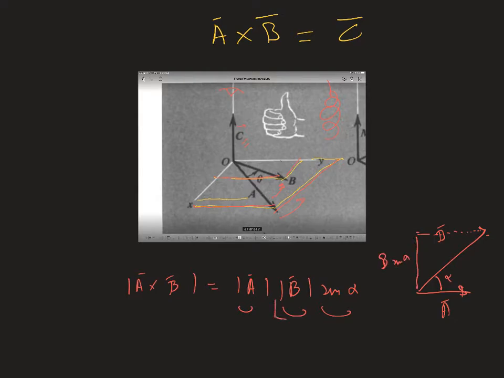And what is B sine of alpha? This, times A, is the area between the two vectors, B sine of alpha and A. This is the same area as here. So let me do it in another picture.